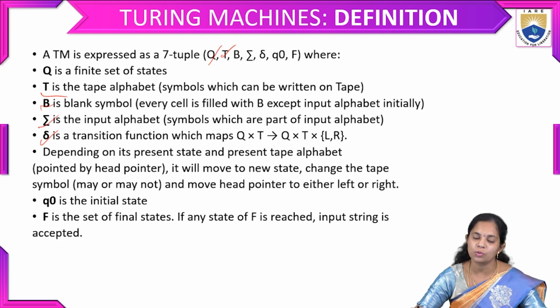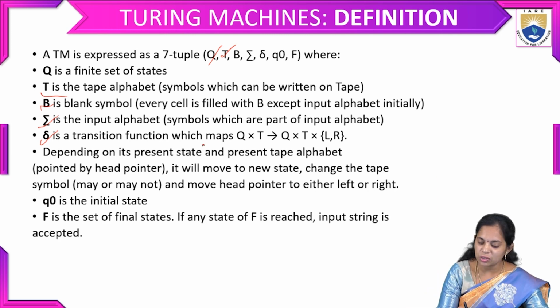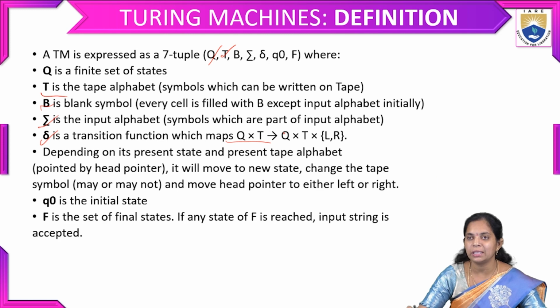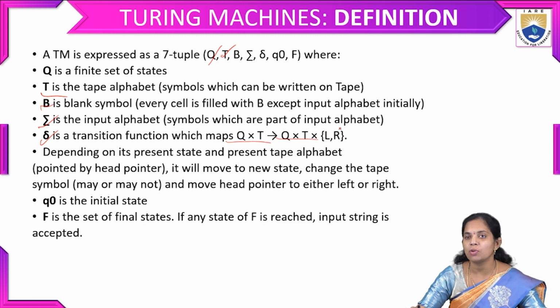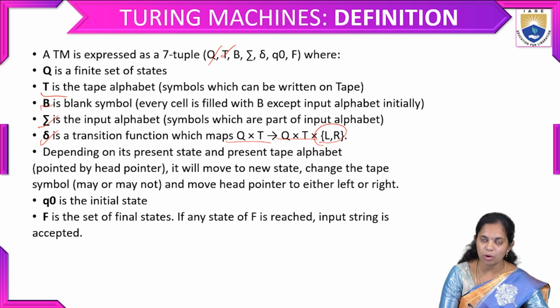The transition function maps Q cross T, that is, the set of states Q with the tape symbol T, and we also have to move left or right. In the tape we have a head controller, and we have to move from one place to another. We will discuss in the next slide how to move.